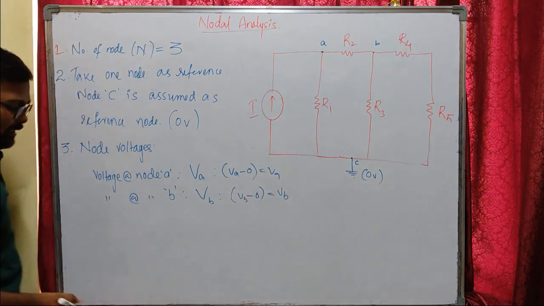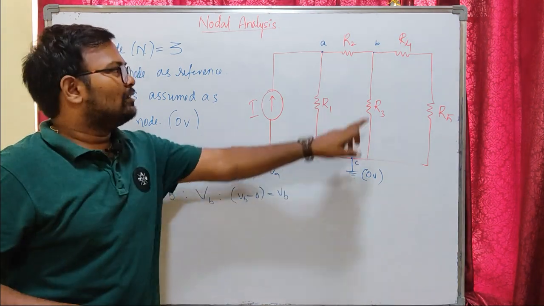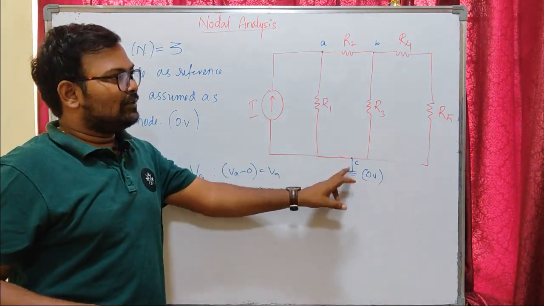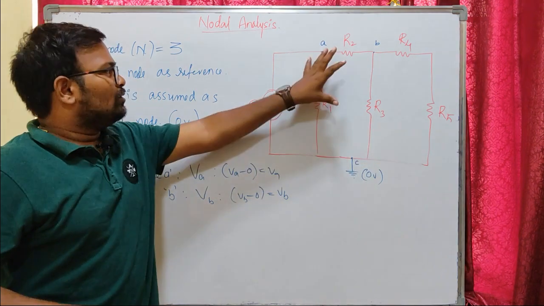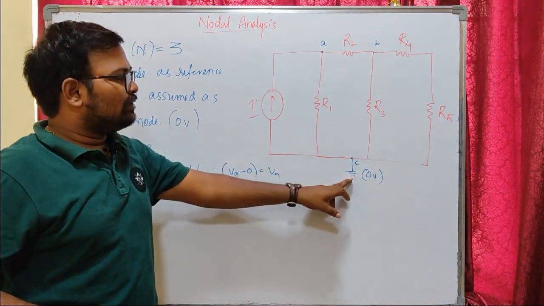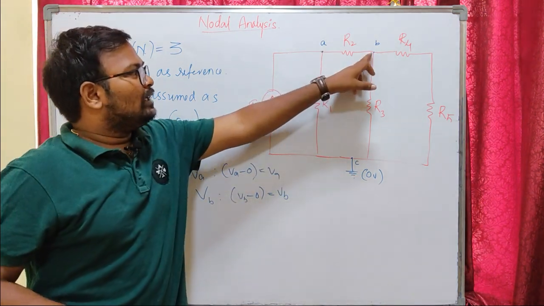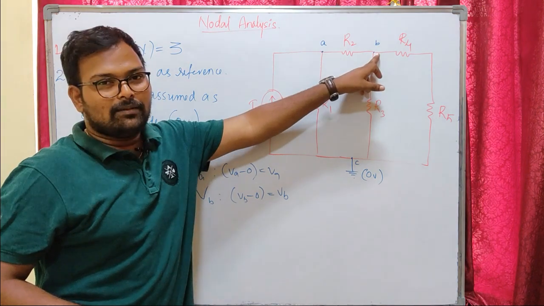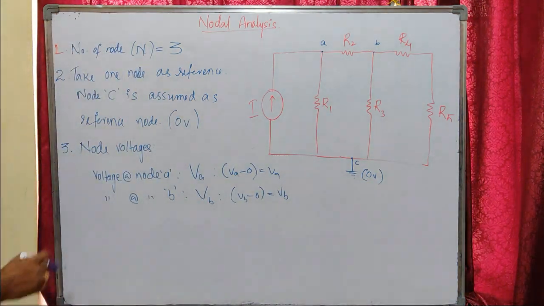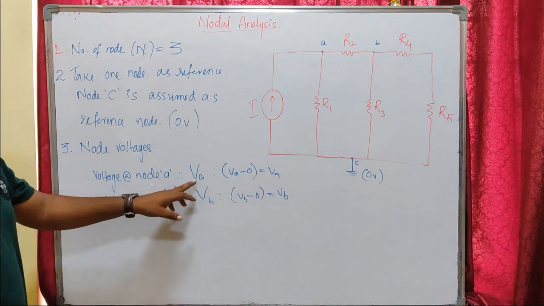Voltage is nothing but the potential difference between any 2 points. So the potential difference between node A and 0 volts, the reference node, is the voltage at A. Similarly, the voltage at B is the potential difference between node B and node C. So I have considered the node voltages VA and VB.